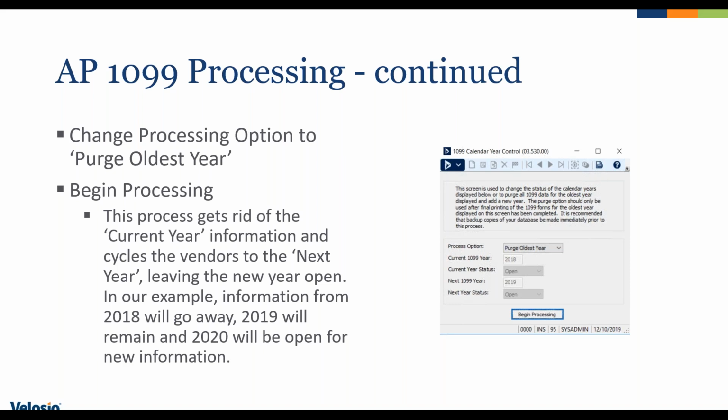So if I had 2018 and 2019 as my two open years, and I tried to issue a check in accounts payable that had a date of 2020, the system would not let me proceed. It would give me a message saying that the date has to be an open 1099 year. That's your indicator to come out to this window and purge the oldest year and make sure then that 2019 and 2020 are my two open years.